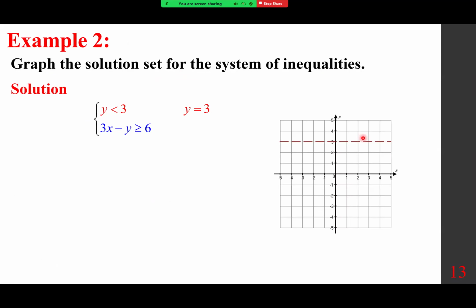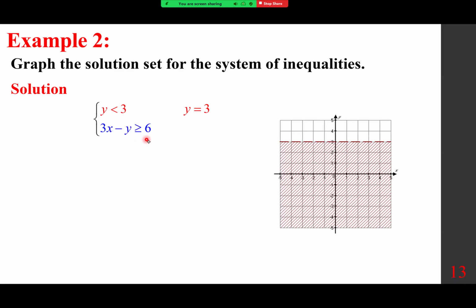This is (0, 3), this is a horizontal line. You don't need a test point. y is less than 3. Anything below this horizontal line is the answer for the first part. And the line is dashed because we have less than. So we're done with the first part.